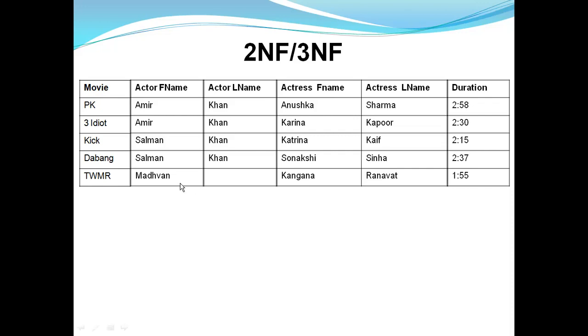So let's decide a primary key here. Obviously, we are going to choose the movie as a primary key. So it's a single field, not a composite field. So we can directly look at 3NF. So what's the rule of 3NF? Each non-key field must depend on the primary key directly.